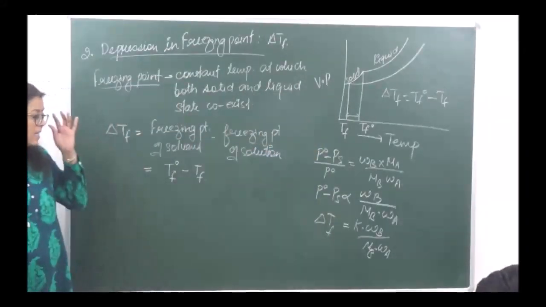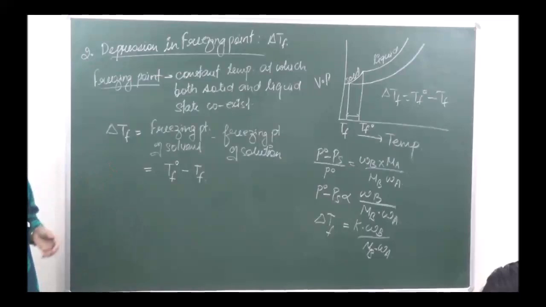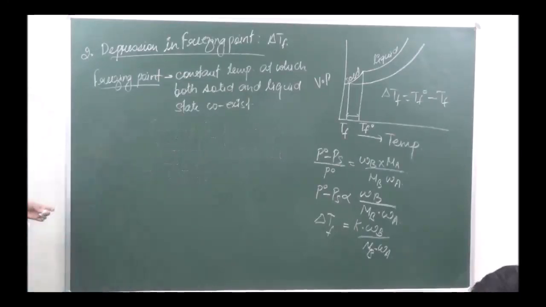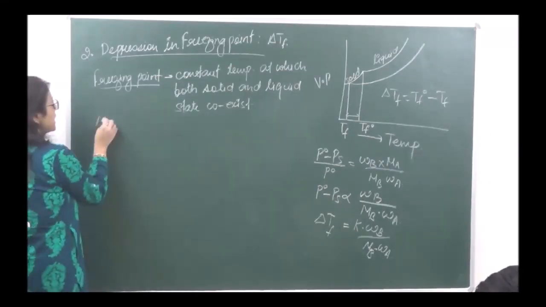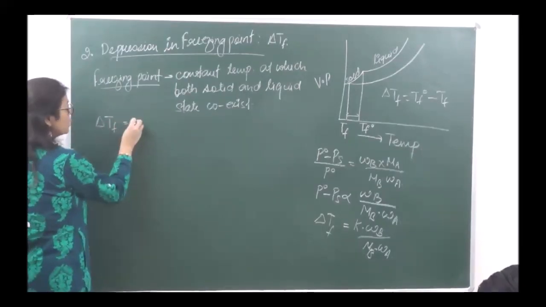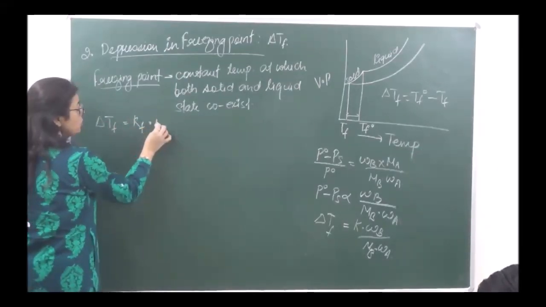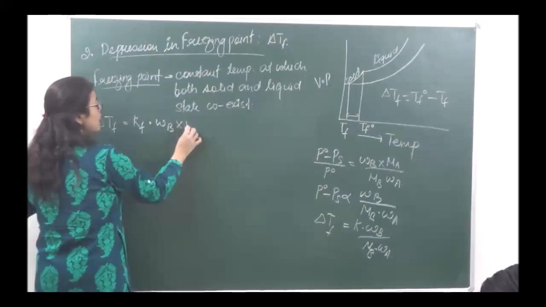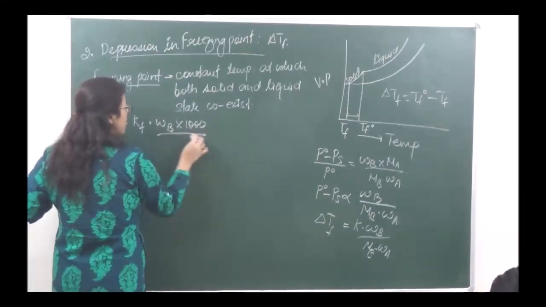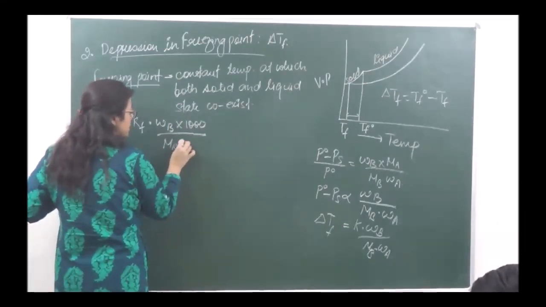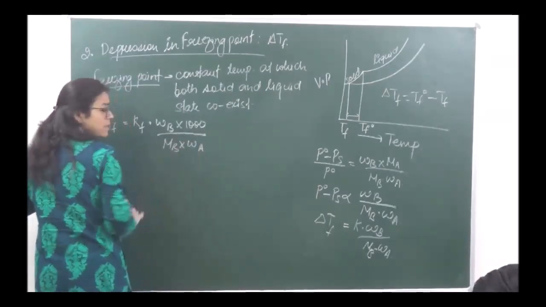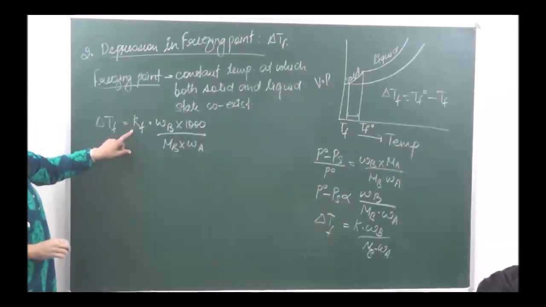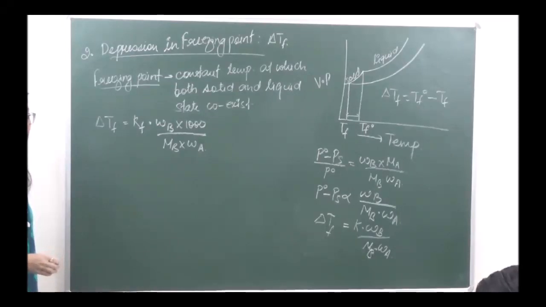Again if we multiply this by 1000, then we will get delta Tf equal to Kf into Wb into 1000 upon Mb into Wa, where this is known as the cryoscopic constant.